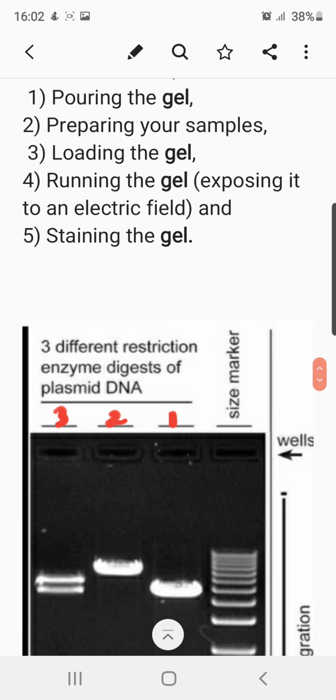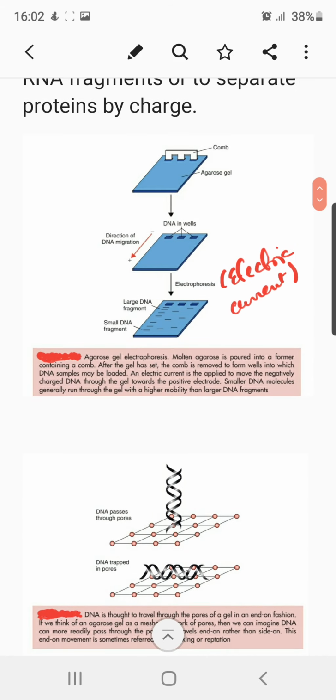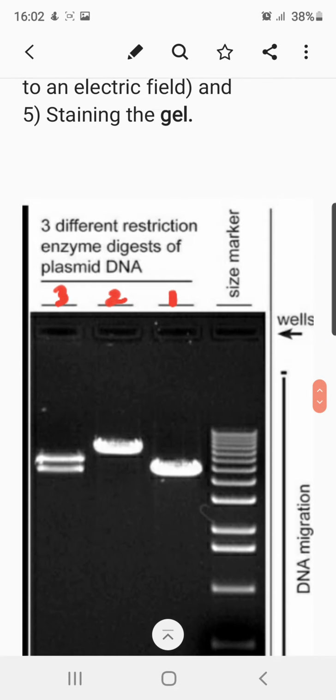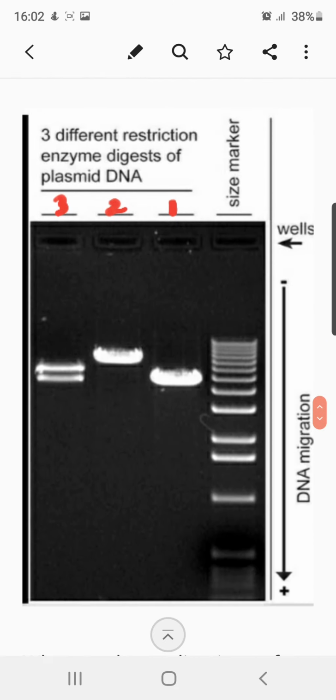So you have already seen the methodology, how the movement of the DNA molecules through the wells is ensured by applying the electrical field. Now this is the picture in which 3 wells are shown.